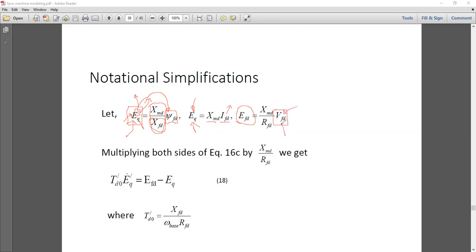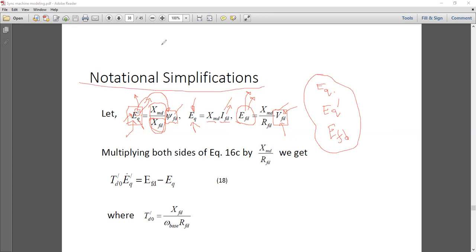This is the actually applied field voltage, and this is some transformed field voltage from the transformed notation of field voltage, EFD. So in the literature, in research papers, in commercial software, you will not see psi FD, IFD, or VFD. Rather, you will mostly see EQ, EQ dash, and EFD. That's why we are going for these simplifications.